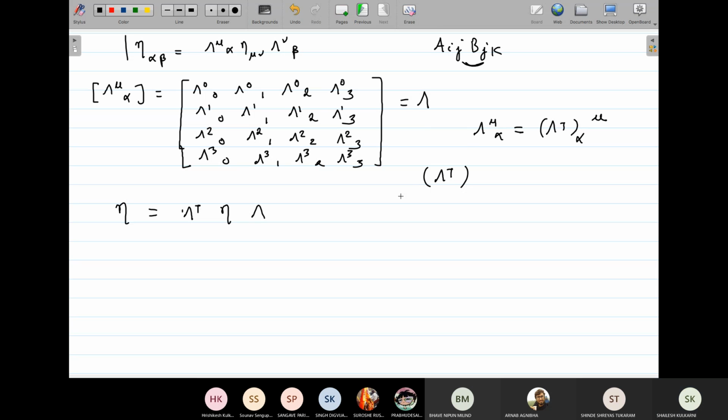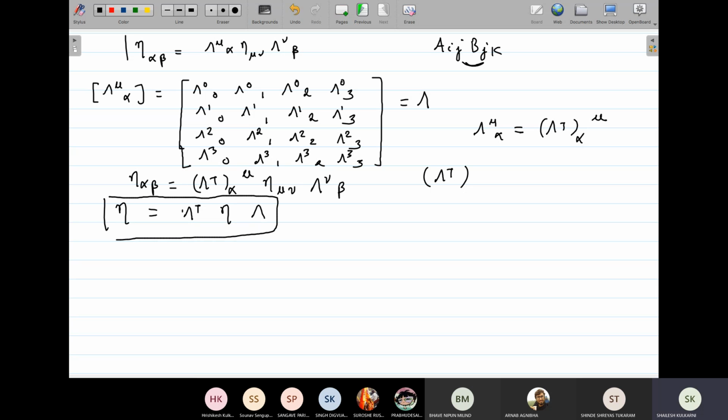If I write like that, eta alpha beta equals lambda transpose alpha mu, eta mu nu and lambda nu beta. Now everything is in place, this is a proper matrix multiplication. So in the matrix notation it will be eta equal to lambda transpose eta lambda. In other words, the Lorentz transformations are defined by this.